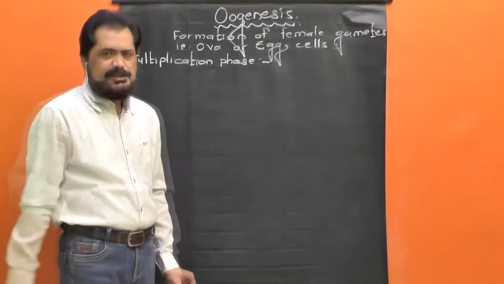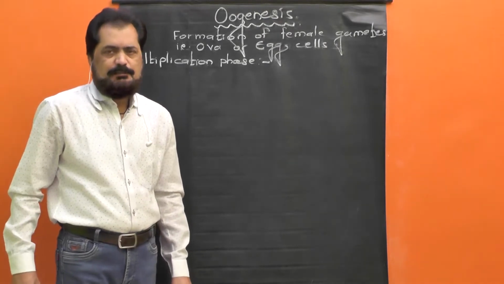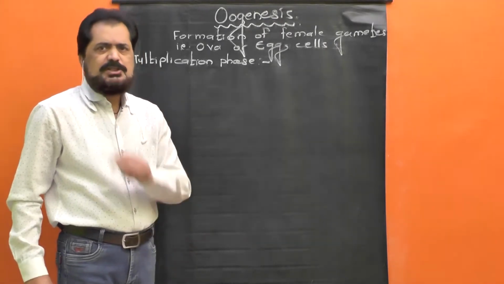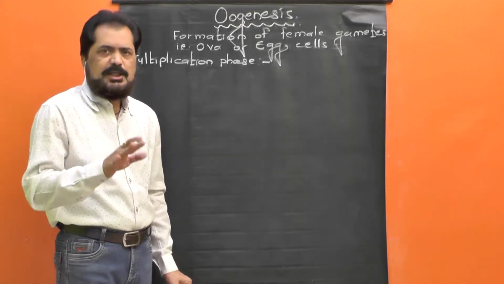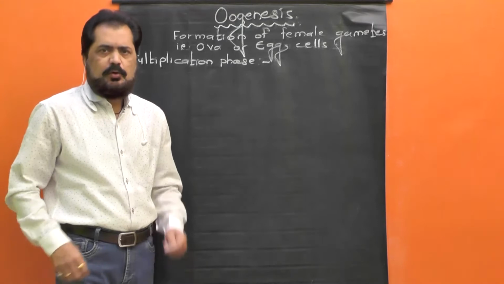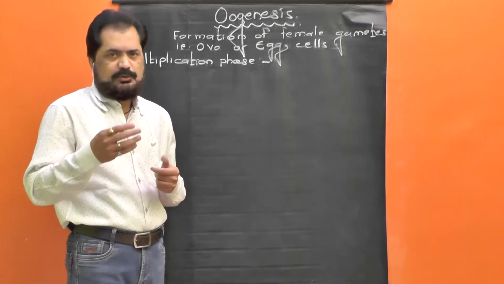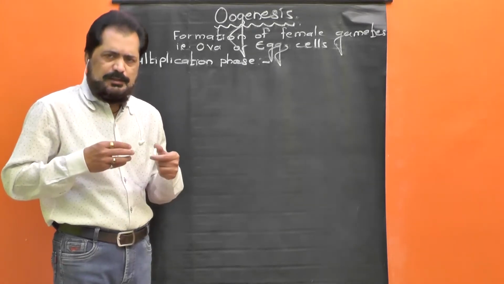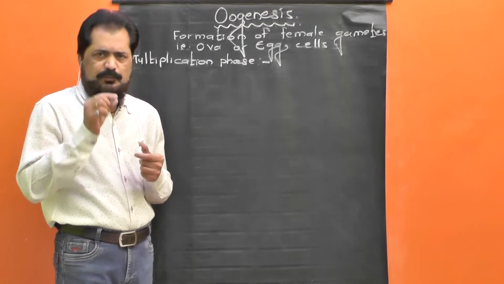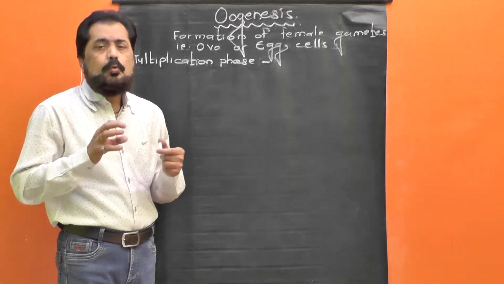During oogenesis, initially some of the germinal epithelial cells which form the lining of the ovary undergo repeated mitotic cell division to form numerous very small diploid cells known as oogonia.